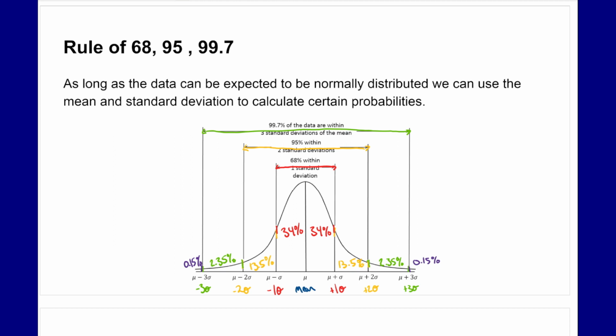So you'd always be given the mean and standard deviations and just have to, again, use these values to determine the probability of a data point falling within a certain range.